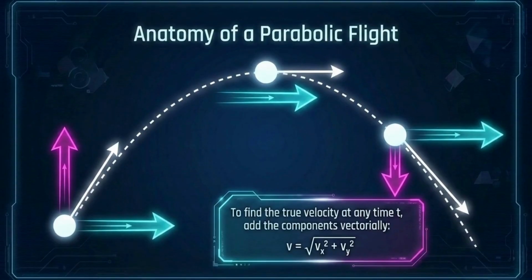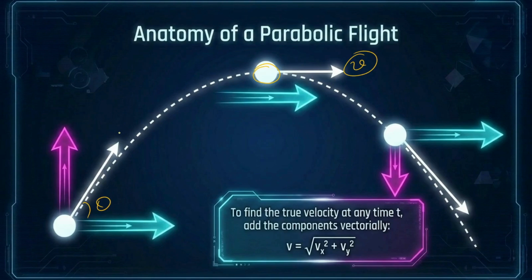Now let's understand what is going on when the object is moving. Let's see it in action. Imagine the projectile is launched over here. It makes some angle theta with the horizontal. Now it goes to the maximum height, and this arrow shows the velocity direction.